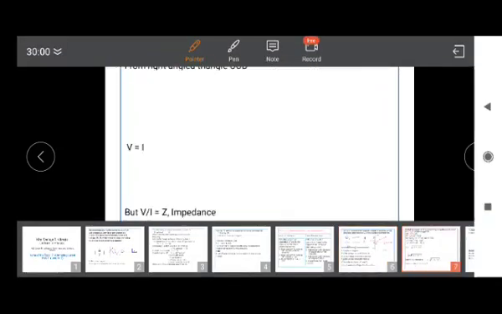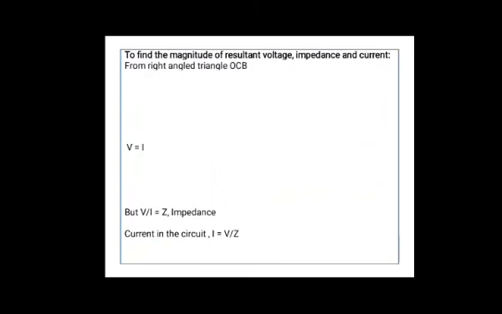Let us see the next step. From the right angled triangle OCB, applying the Pythagoras theorem, OB square is equal to OC square plus CB square. Substituting the values, V square is equal to VR square plus VL minus VC whole square. But VR is equal to I into R, applying Ohm's law.